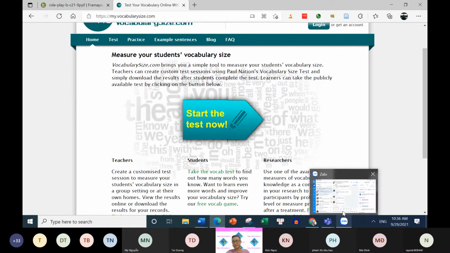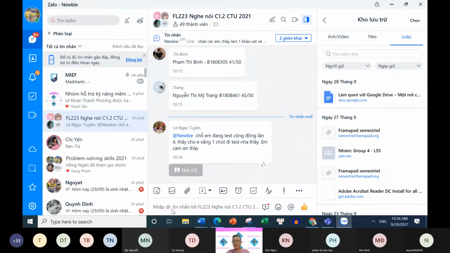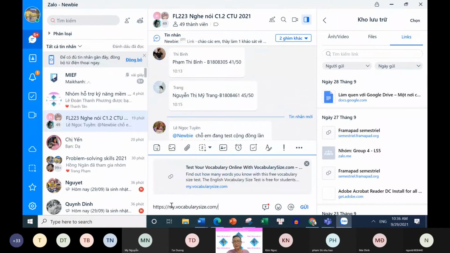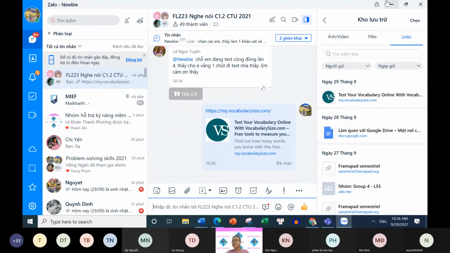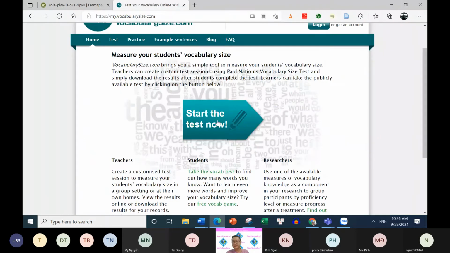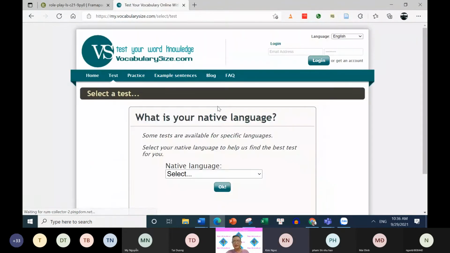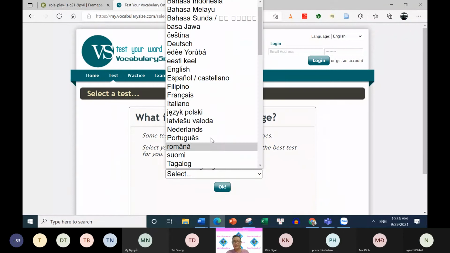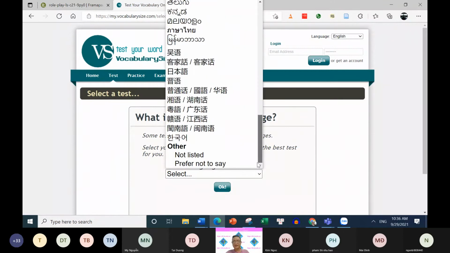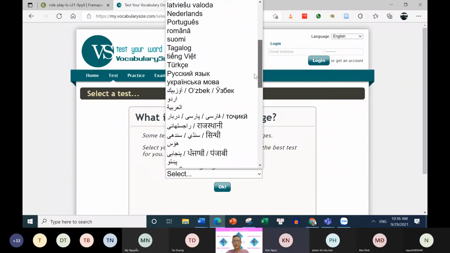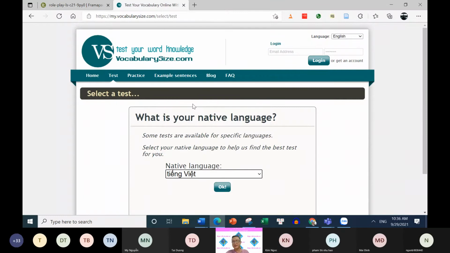So now I need you to immediately do this test and tell me the result. I give you a few minutes to do it now. Can you do it? Just click on this one. And then you select the native language. It's Vietnamese. So you try to find Vietnamese, it means tiếng Việt. And then you click OK.